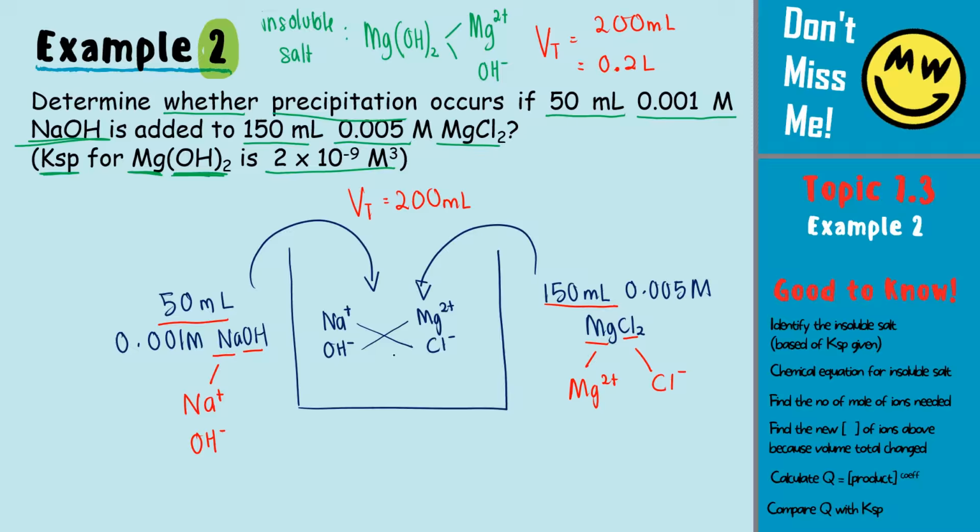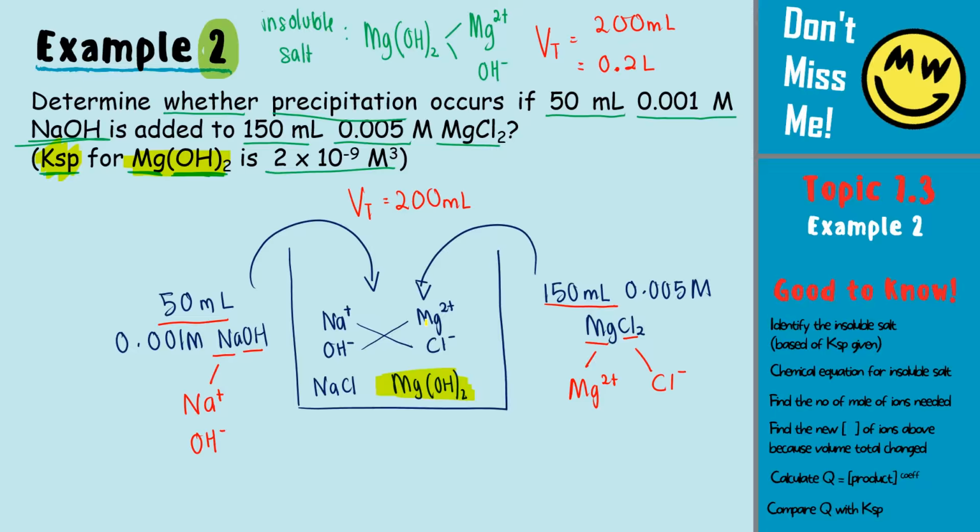So when they change the partner, you realize that you are forming your NaCl, which is a soluble salt, and also your Mg(OH)2. Okay? So which one are we looking at? Obviously, your magnesium hydroxide. How do I know I'm looking at the magnesium hydroxide? Because the KSP is given for magnesium hydroxide. Therefore, everything in this question is going to discuss about magnesium hydroxide.